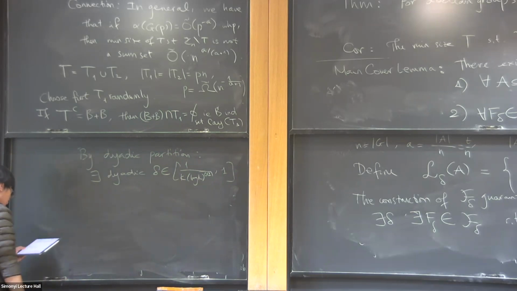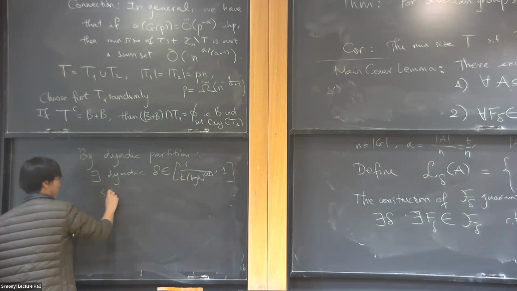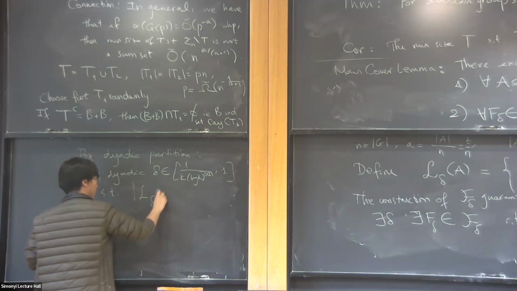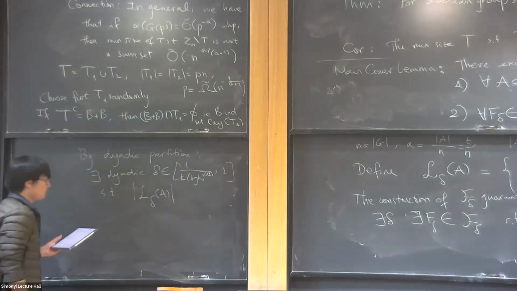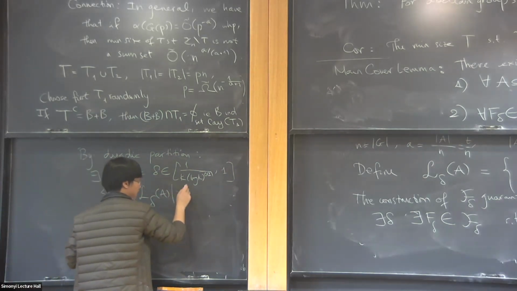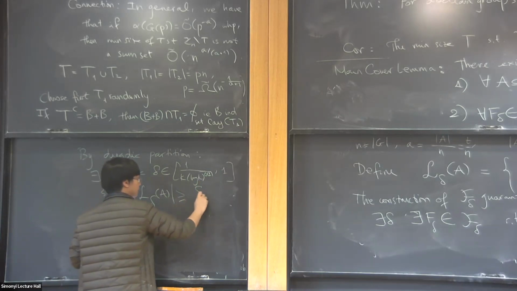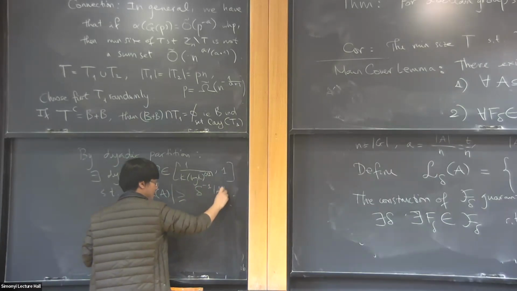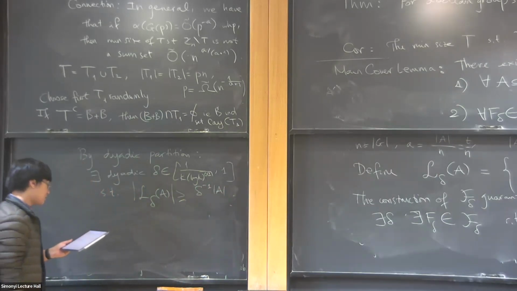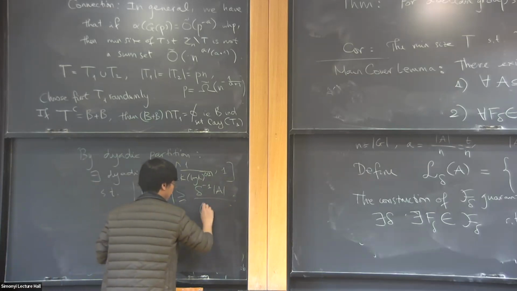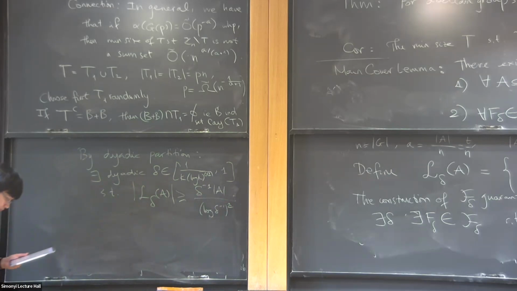There exists such a delta for which the level set L delta of our set A is large, and the correct value for large here is exactly about delta to the minus 1 times the size of A, and here we may have again some log factor. Can ignore this.